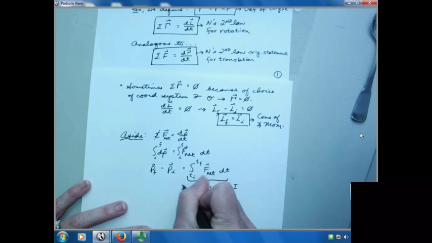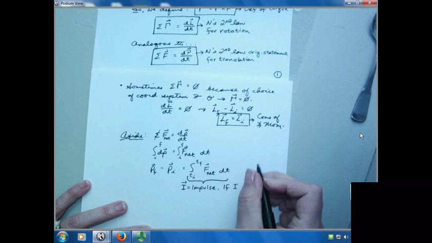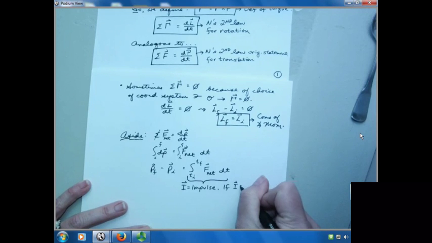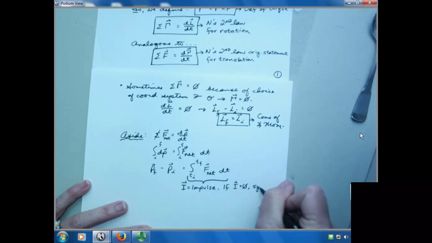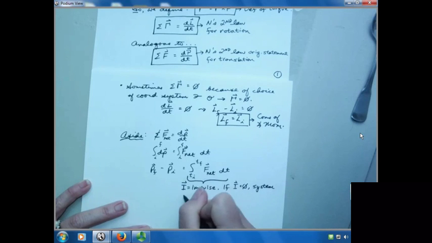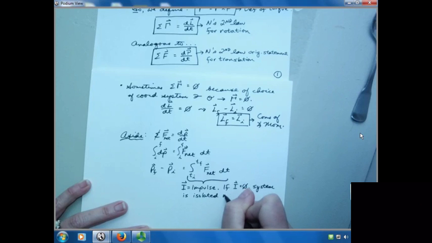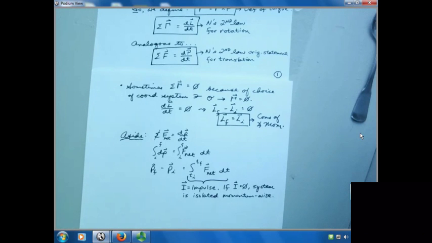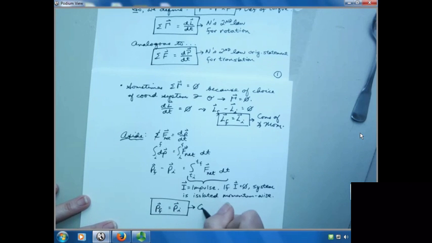I'll note that impulse is sometimes I, sometimes J. In that case, this expression yields that p final equals p initial, and we have the conservation of momentum.